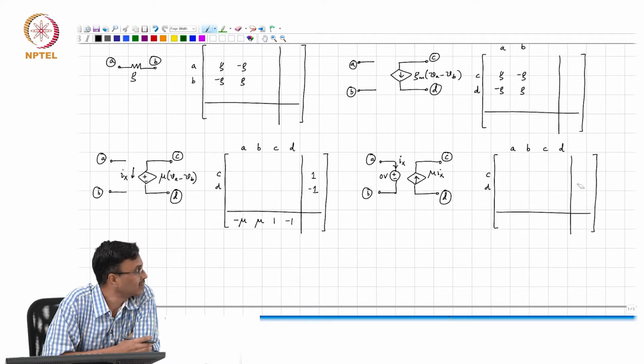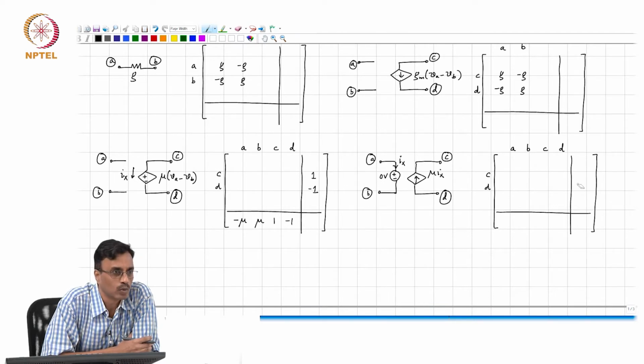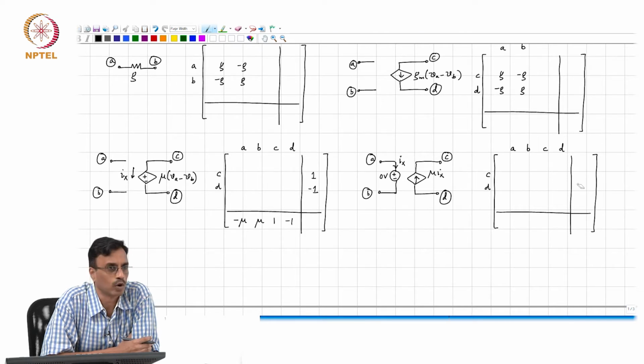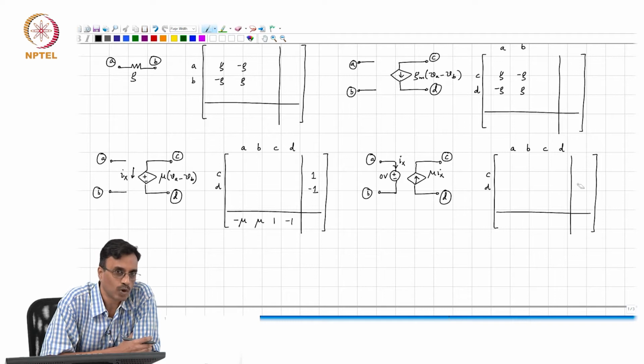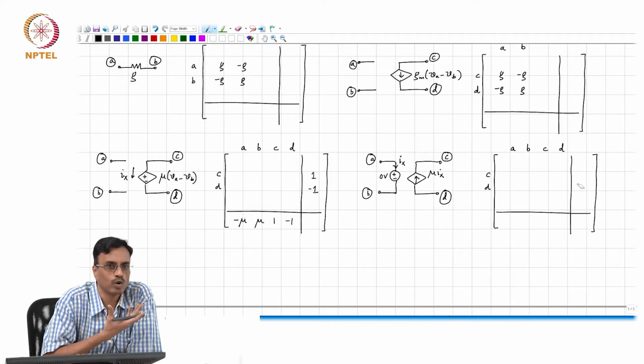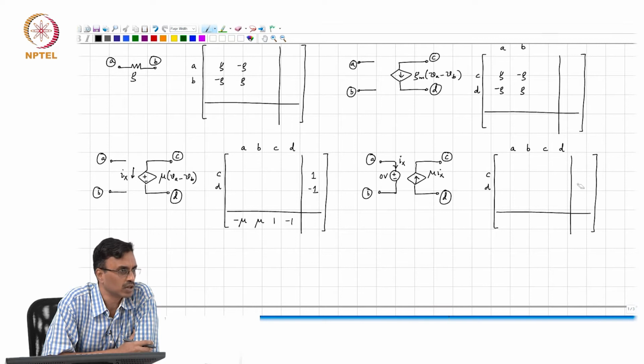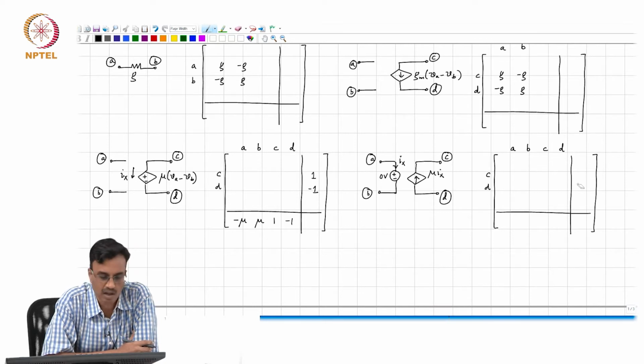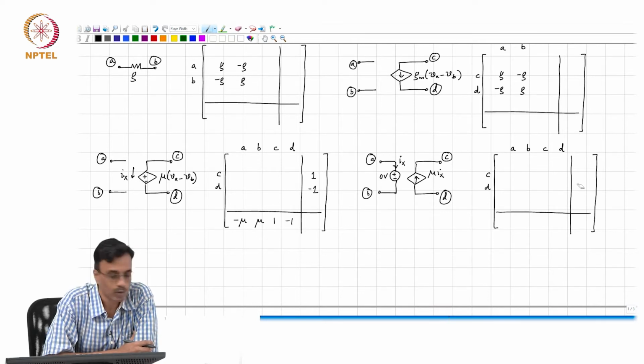So, the question I am asking is, when you have a current controlled current source, is there an extra unknown that needs to be introduced? Yes, and what is that? That Ix is unknown, it is flowing through the 0 voltage source, and therefore it needs an extra unknown. So, you will need an extra row and an extra column for that.